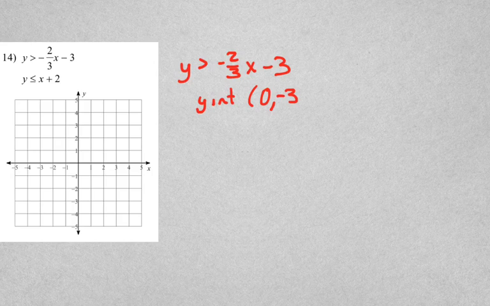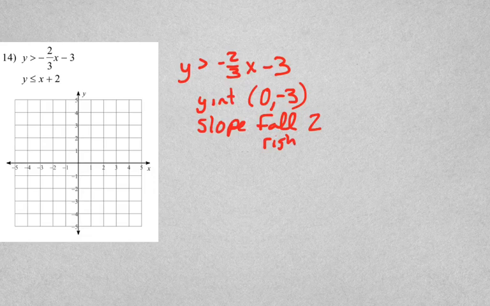Let's do this next one. So on the first one, y is greater than -2/3 x minus 3. My y-intercept on this one is going to be 0, -3. And my slope is to fall 2, right 1, or excuse me, right 3.